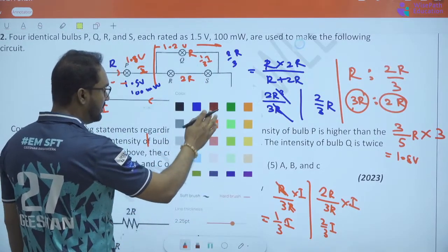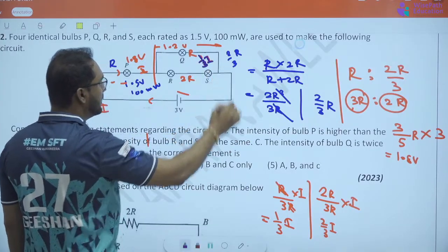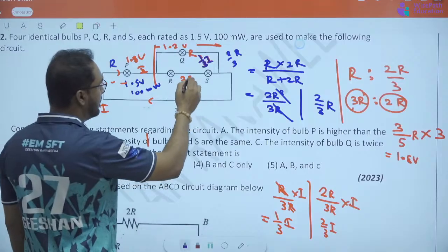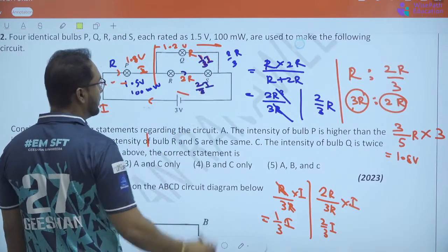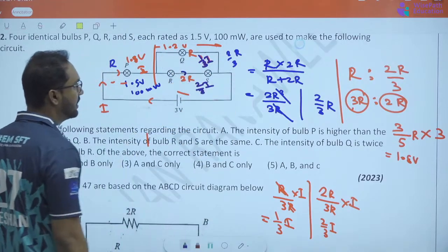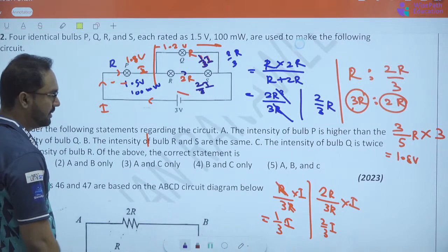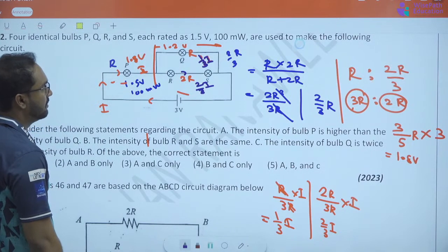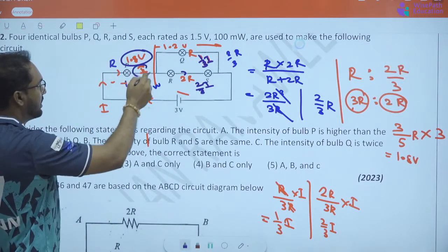1/3 of the current is moving here, and here 2/3 of the current is moving. Get it? So now we can easily compare these things. If we compare VI, more voltage is here and the complete current is here.